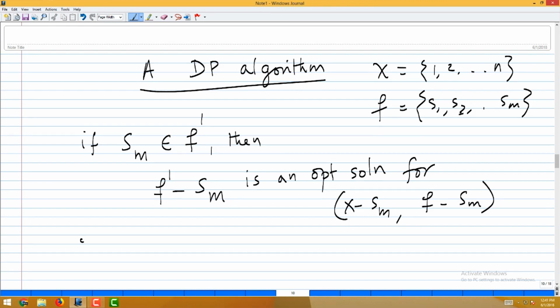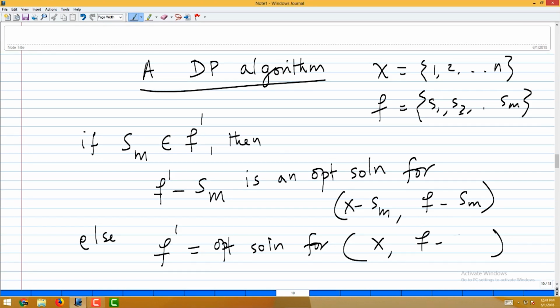If Sm is not there, then F prime itself is the optimum solution for what? X comma F minus Sm, because if Sm is not there, then S1 to Sm minus 1 themselves are covering X, and this must be the optimum solution.